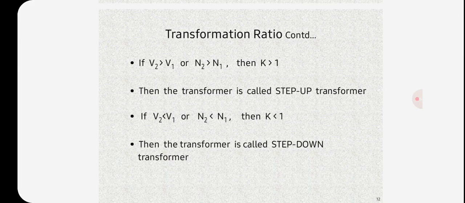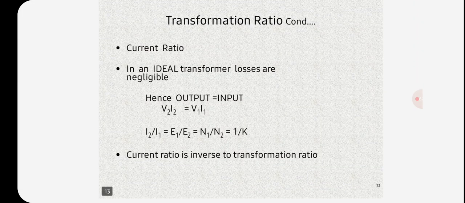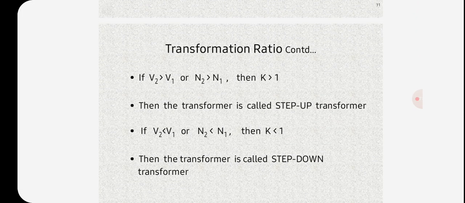So here, if V2 is greater than V1 or N2 greater than N1, then K is greater than 1, then the transformer is called a step up transformer. If V2 is less than V1 or N2 less than N1, then K is less than 1, then the transformer is called a step down transformer.